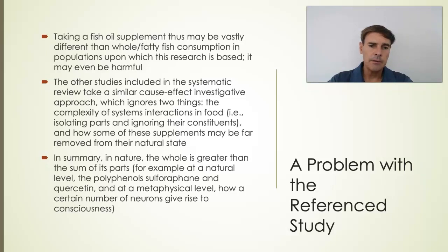Another layer to this is that a food supplement seems to behave slightly differently than eating the whole food matrix itself. Other studies have looked at compounds like sulforaphane and quercetin. Sulforaphane is a sulfur-containing compound found in broccoli and certain other vegetables, and quercetin is often found in apple and grape skin.